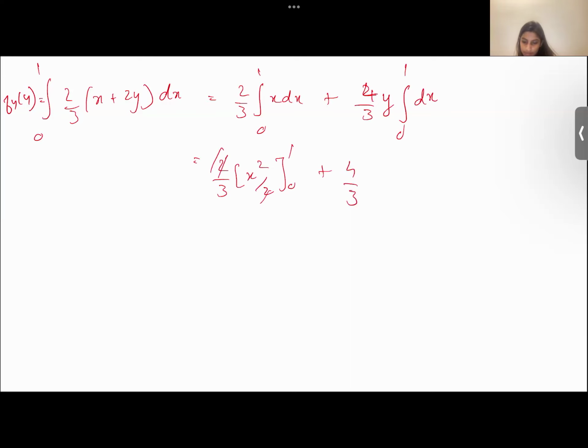So we have 1 by 3 into 1 minus 0 plus 4 by 3 y into 1 minus 0. So you basically have 1 by 3 plus 4 by 3y.